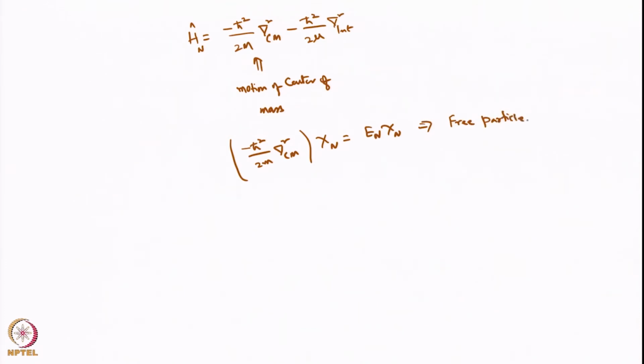This is a free particle, because it has no potential energy term. So, when you have a free particle, your energy E n is equal to h bar square k square by 2M. And we know this E n is not quantized.